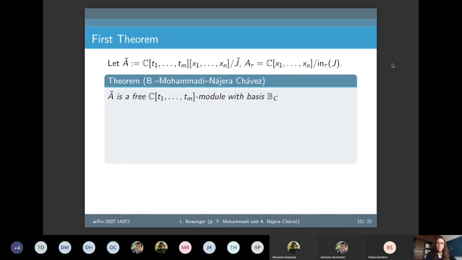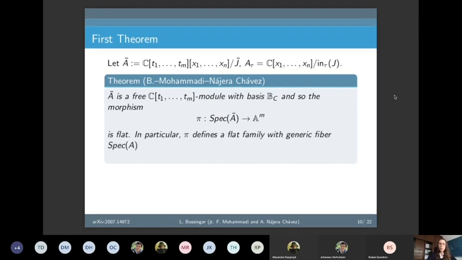A tilde is in fact a free C[T1,...,Tm]-module, and its basis is the standard monomial basis with respect to the cone C. So as a free module, in particular, it defines a flat morphism by just taking Spec of this algebra over the affine space A^m.